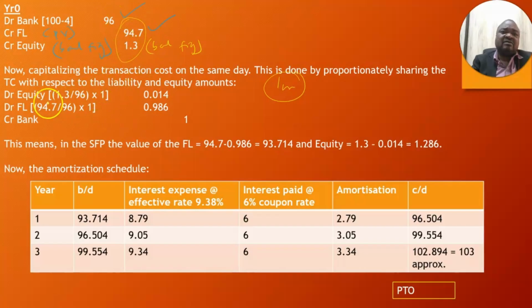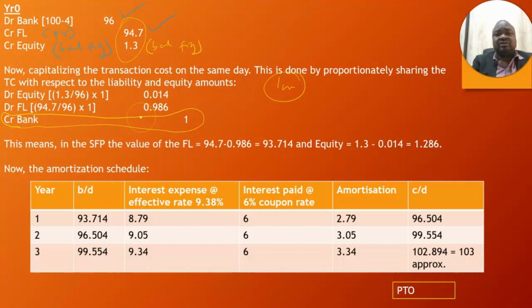So for equity, remember, we are debiting equity and debiting the liability as well with the allocation. Remember, at the bank, we are only paying the transaction cost of 1 million in total, but the payment is to be split between the equity and liability.